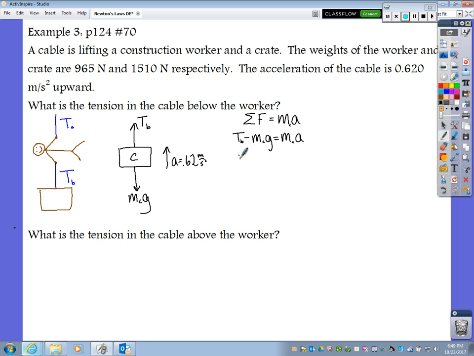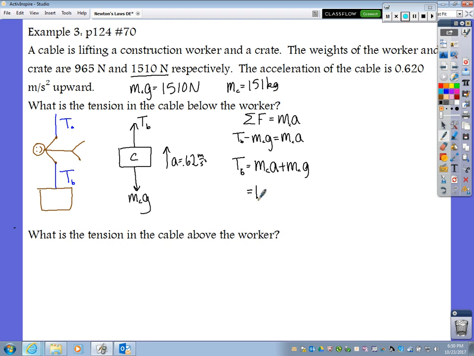So I want to know the tension. I'm going to add mg to both sides. T sub B is going to be mass of the crate times A plus mass of the crate times G. Now what's the mass of the crate? We're given the weight of the crate, so we know mass of the crate times G is 1510 newtons. So to find just the mass, I would divide both sides by G, which is 10. So the mass of the crate is 151 kilograms.